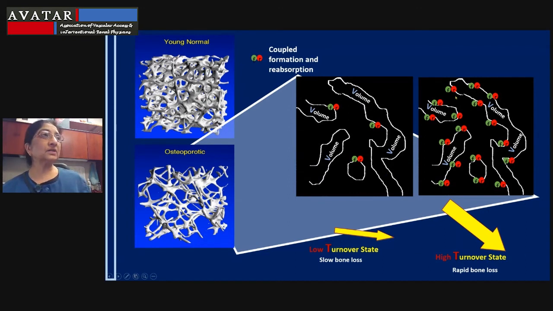The importance of this distinction is that in a person with low turnover, you would encourage bone formation with your medication, with your therapeutic approach. And in a situation where there is a high bone turnover, you would look at approaches that block bone resorption to prevent bone loss.